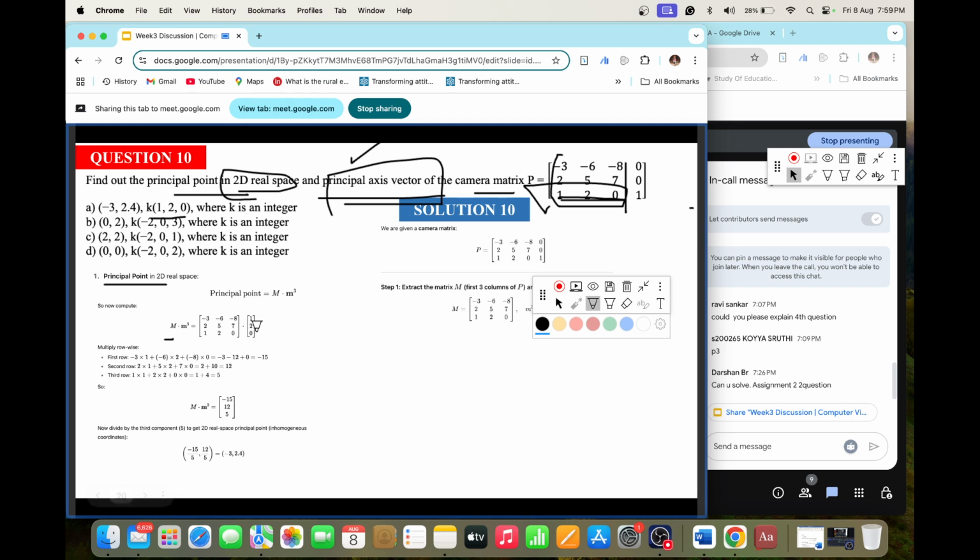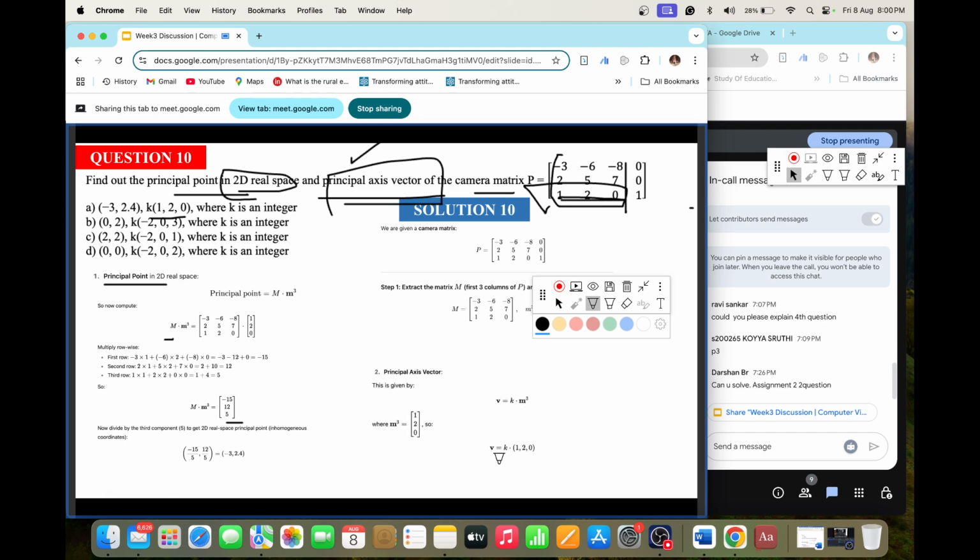So you just do the dot product of it, and you will get this. Then just divide it by the scale, and that will be equal to 15 by 5, which is minus 3, and 12 by 5, which is 2.4.